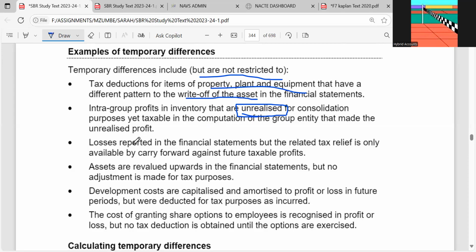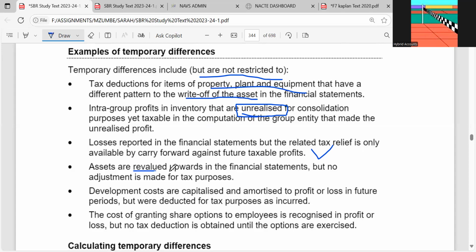Okay, another example: losses reported in the financial statements, but the related tax relief is only available by carry forward against future taxable profits. That one is also another example. We'll actually see the examples in practice. Assets are revalued upwards in the financial statements, but no adjustment is made for tax purposes.